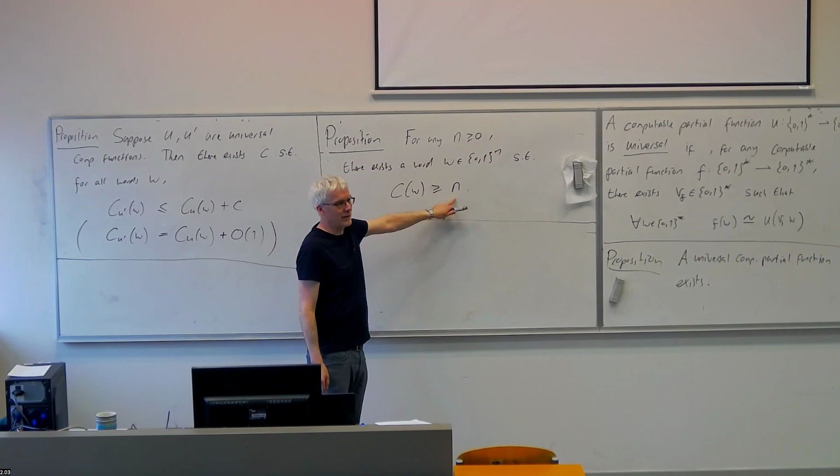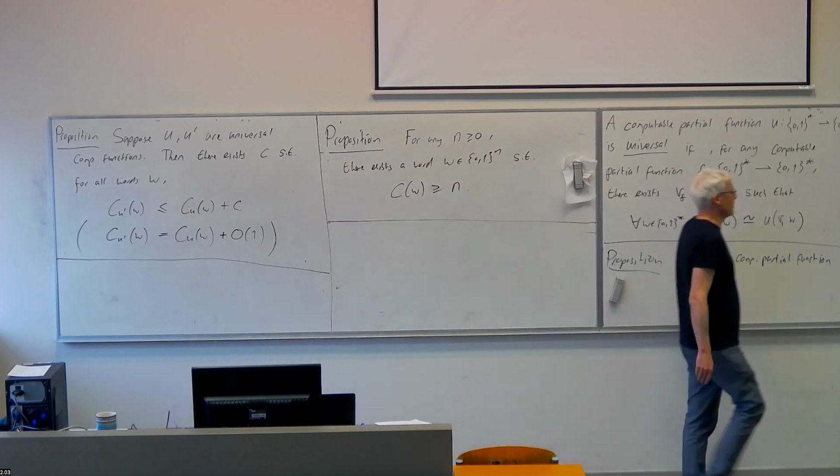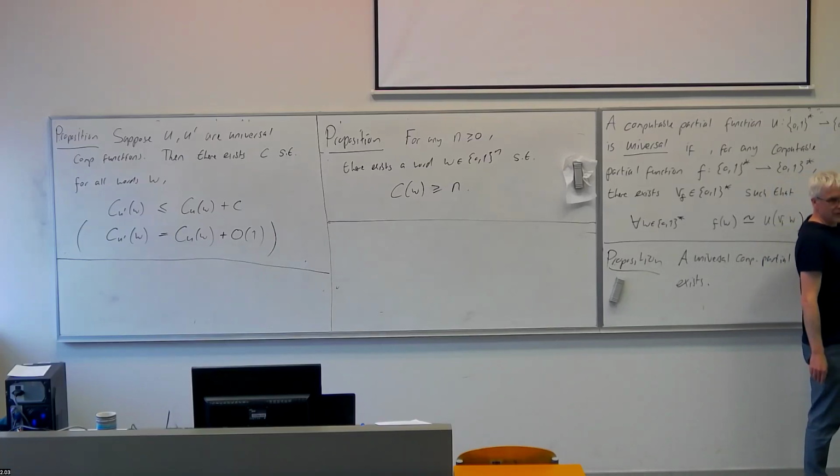There's 1 of length 0, 2 of length 1, 4 of length 2, and so on. The number of keys V of length strictly less than n is 2 to the power of n minus 1. Some of those might result in divergence for the universal function.